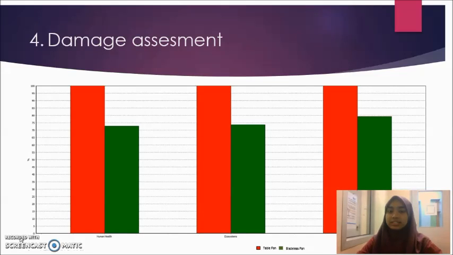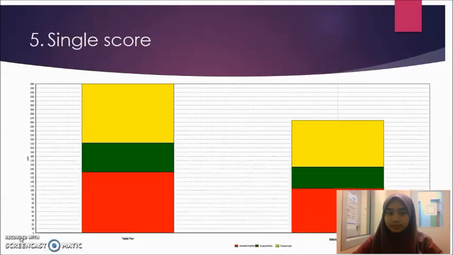Next, we continue with the damage assessment. Among the three, ecosystem, resources, and human health, the highest is the resources. The bladeless fan shows the highest resources compared to the human health and the ecosystem.